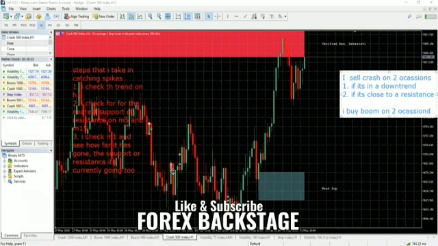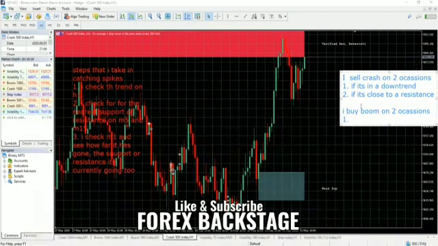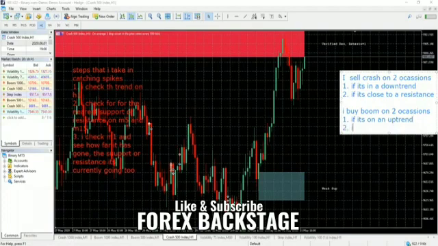The first occasion is when boom is on an uptrend. Number two, if it is close to a support. So note that, guys.